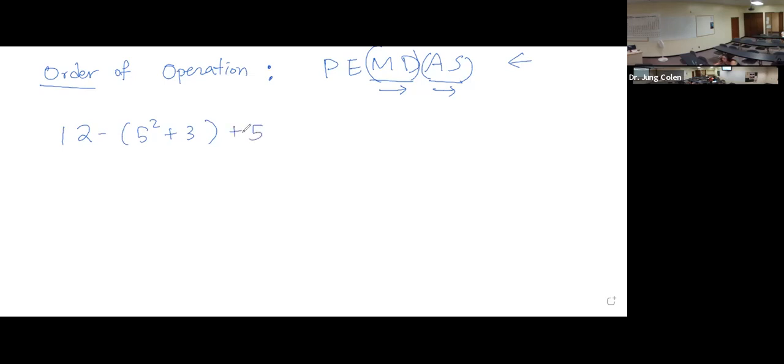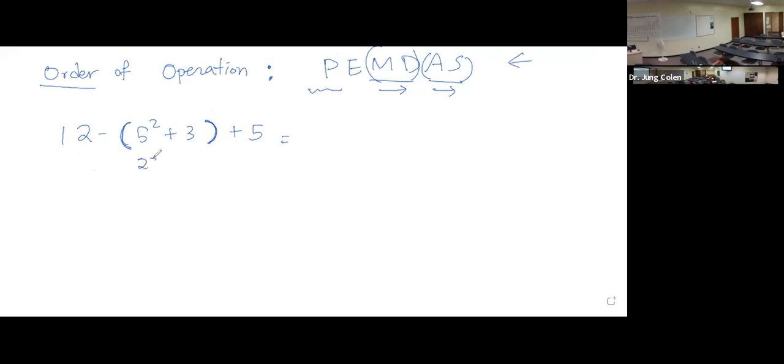Let's suppose, let's solve this problem. What do I need to do first? Parentheses. What is the parentheses here? So I'm gonna operate inside of parentheses first. Inside of parentheses, I have two things. Square, right? That's an exponent, and I also have addition. So what do I need to do first?